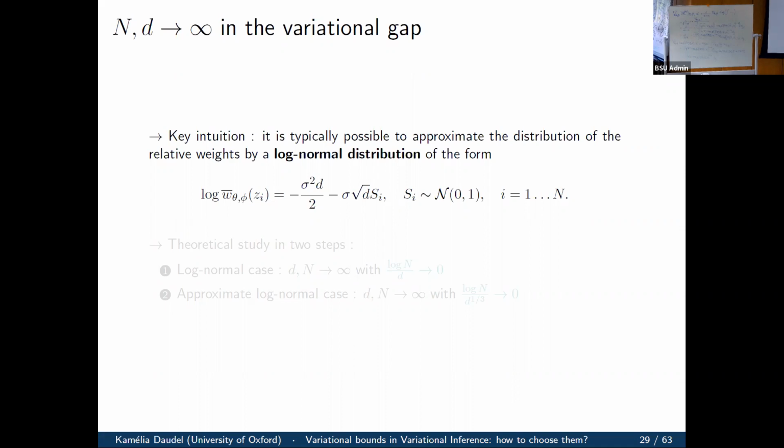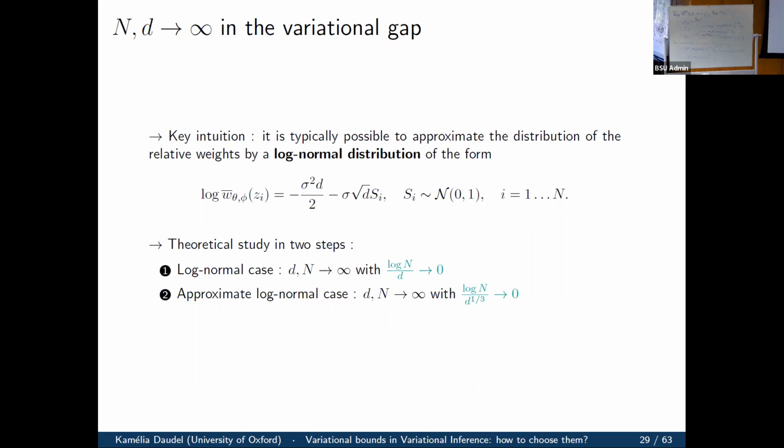So we were like, okay, let's try to get a theoretical study in the log normal case. We will see this in more detail, but we don't just let d and n go to infinity and get a result. We need some sort of relationship between n and d, which is going to be this one. And then the second part is going to be, okay, log normal is nice, but can we get another result when we're approximately log normal?